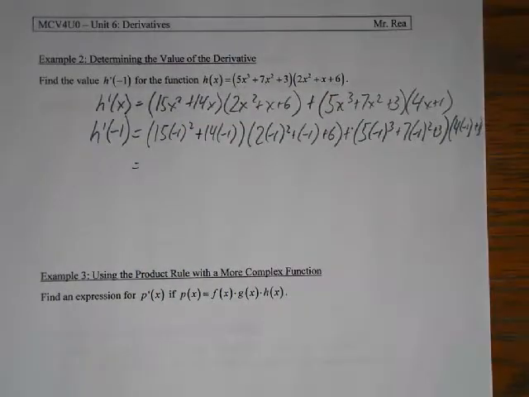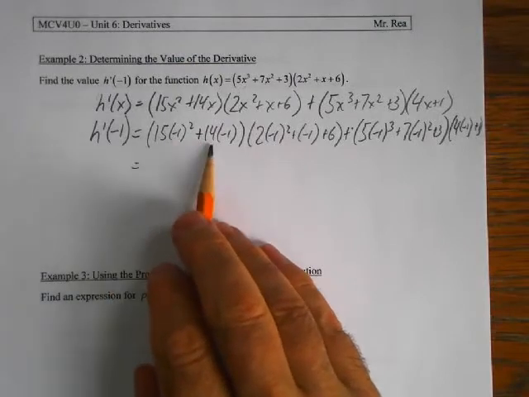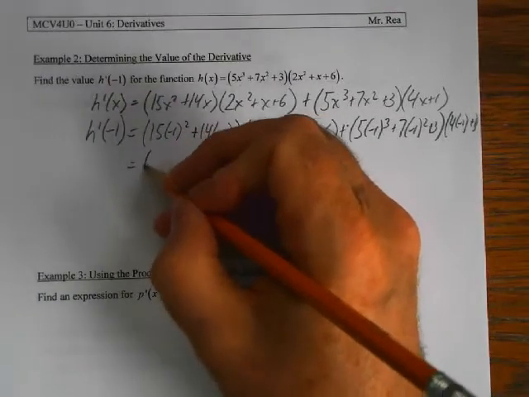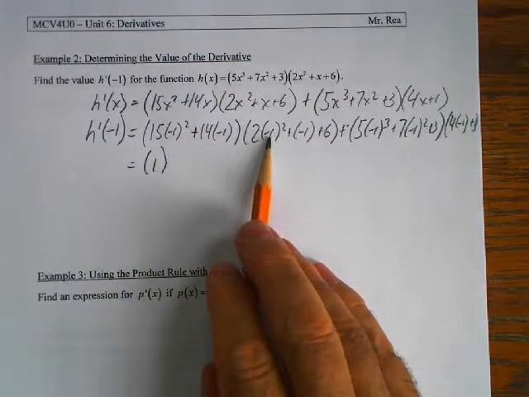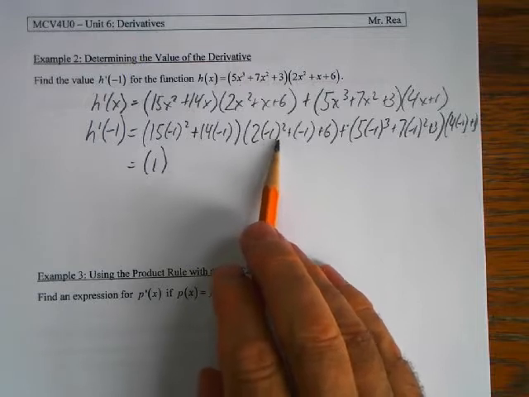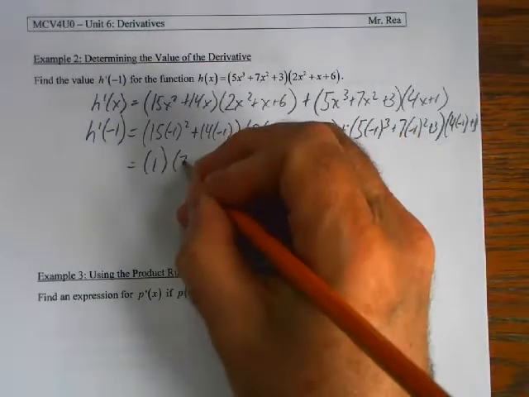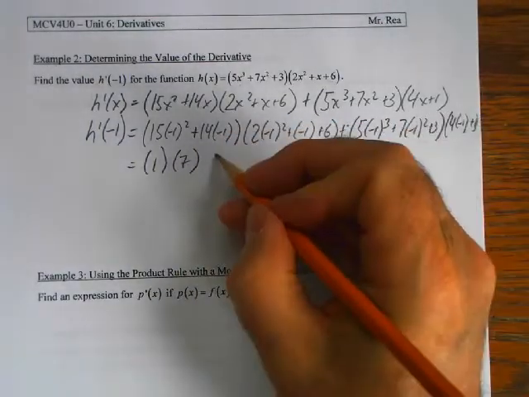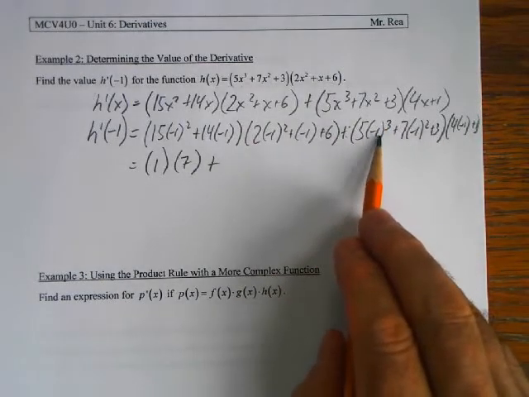Okay, so when I simplify this, that's a 15 minus 14, so that's a 1 in the first set of brackets. This would be a 2 minus 1 plus 6, so that's going to be a 7.